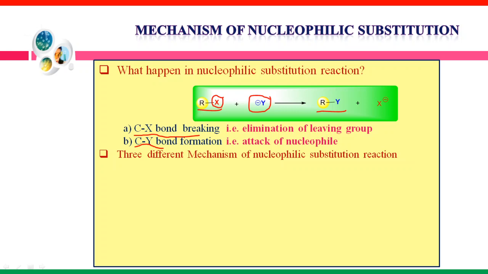In order to study the mechanism of nucleophilic substitution reaction, we study the given reaction under different sets of experimental conditions, like changing the nature of the nucleophile, changing the nature of the substrate, changing the leaving group, changing the solvent of the reaction, and changing the temperature. By studying these experimental conditions, we propose three different mechanisms for nucleophilic substitution reaction.